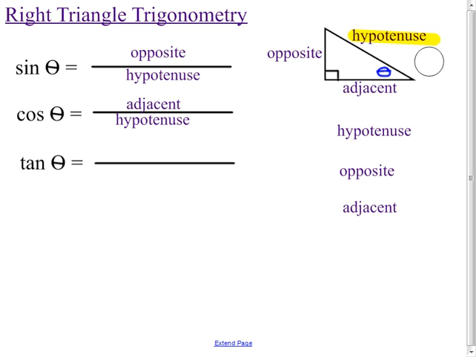Tangent is opposite over adjacent. So sine is the shorthand version, S-I-N-E, cosine, and tangent.